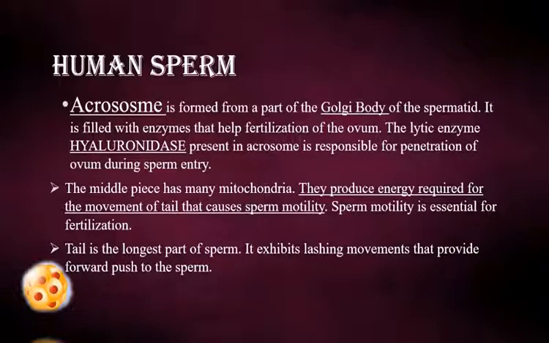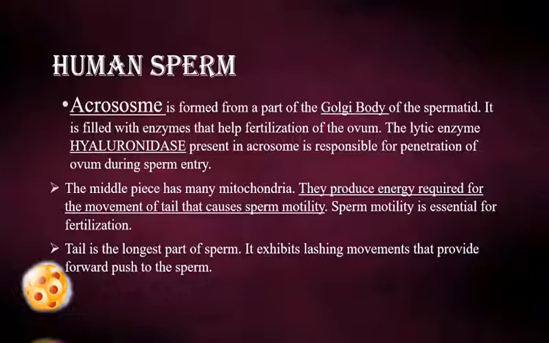It is formed from a part of the Golgi body of the spermatid. It is filled with enzymes that help fertilization of the ovum. The lytic enzyme present here is known as hyaluronidase, which is present in the acrosome, and this is responsible for penetration of the ovum during sperm entry.